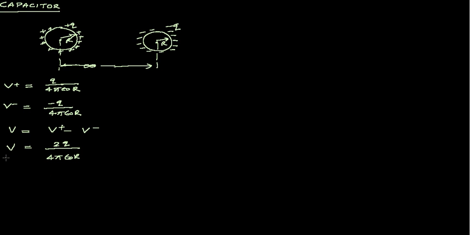This will be V. Now you calculate Q. Q will be 2 pi epsilon naught r V. Now in general, 2 pi epsilon naught r is constant, which is C. Q is equal to CV.